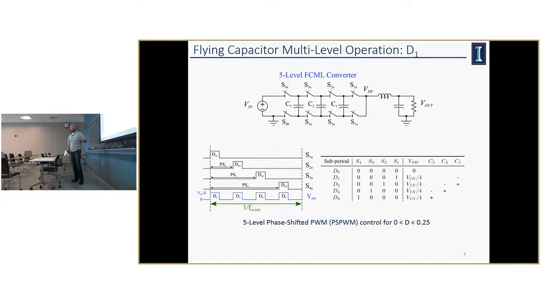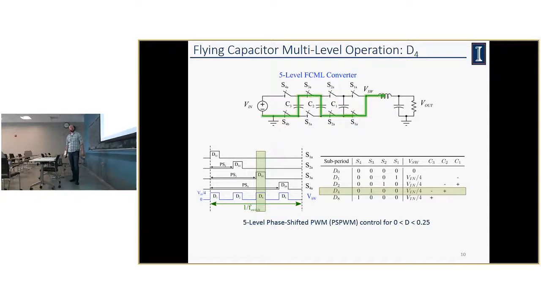To illustrate how this operates, look at the first state, which we've called D1. One switch is high, current flows through, and you're essentially just discharging your capacitor, so C1 discharges. When you go into D2, now you're charging C1 and discharging C2.